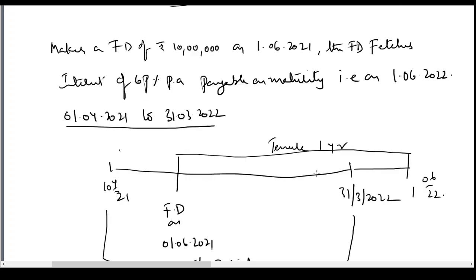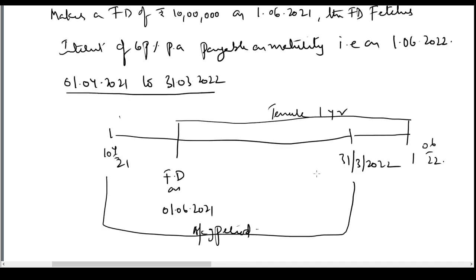Now if you see the situation, it says we have made an FD for rupees 10 lakh on 1st June 2021. The FD fetches interest at the rate of 6% per annum payable on maturity. That means the interest will be paid to us only on maturity, that is on 1st June 2022. So on 1st June 2022, we are going to receive interest for 12 months.